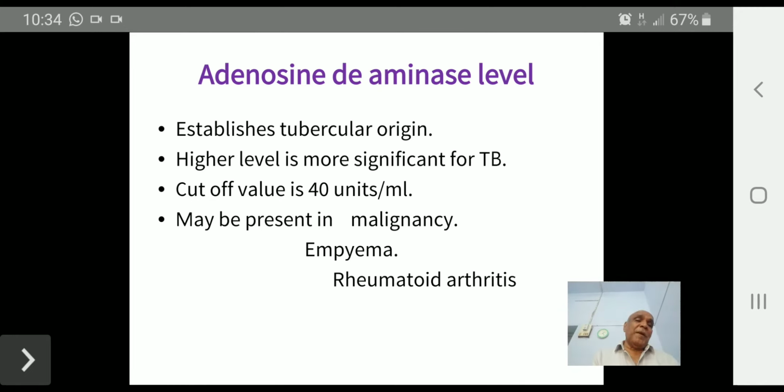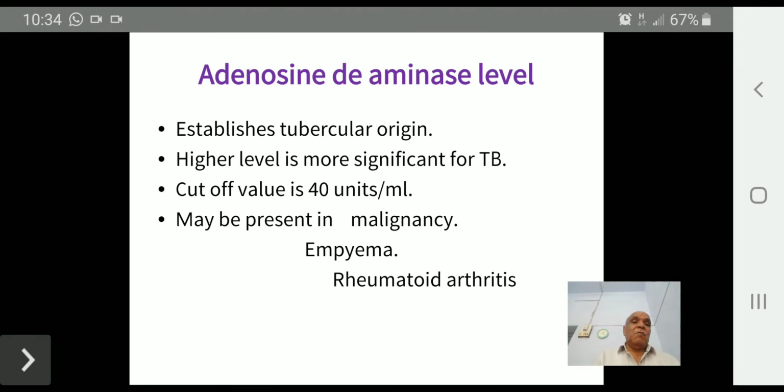In the developing country, tuberculosis is the most common cause of effusion. When the patient is young, then we should diagnose by the ADA level.